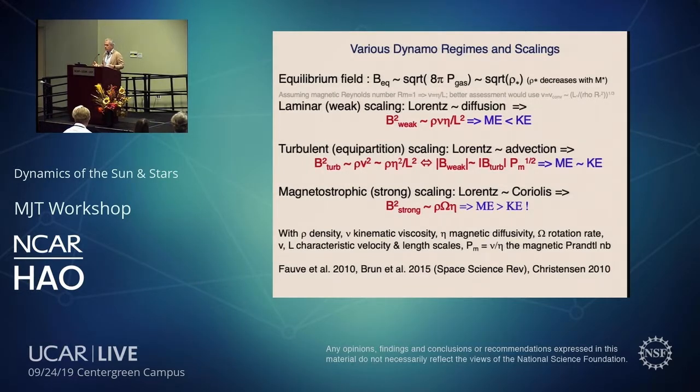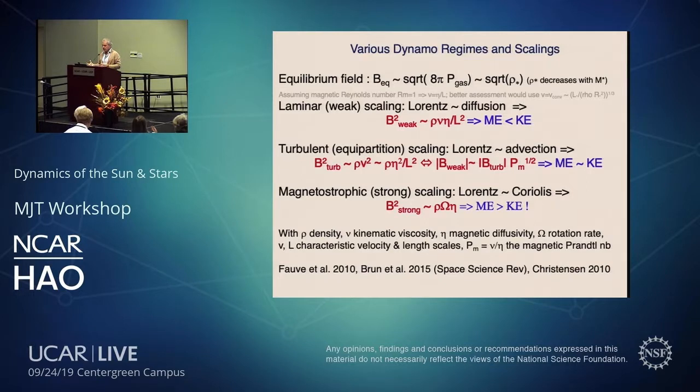That gives you a first scaling. You can go into the Navier-Stokes equation and look at more advanced scaling. For instance, you can say the Lorentz force is going to compensate the diffusion, and that gives you that the magnetic energy should be less than the kinetic energy. Then you can do what most people assume to be the case, which is what we call equipartition. You actually equilibrate. This is just a two-term balance, and we have published work recently with Kyle and Yuri about a more advanced three or four term balance.